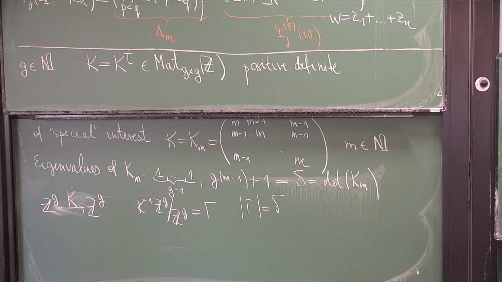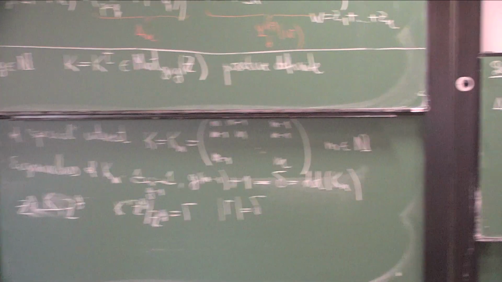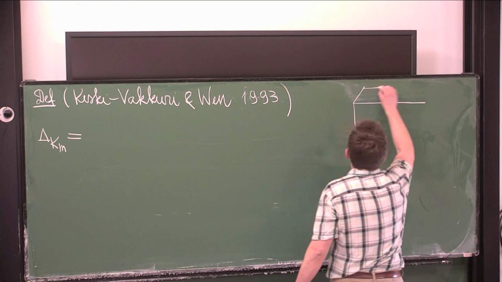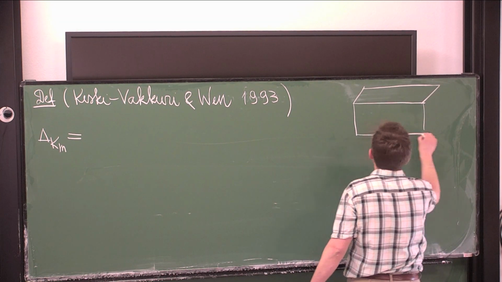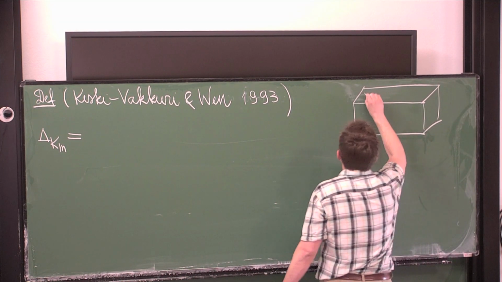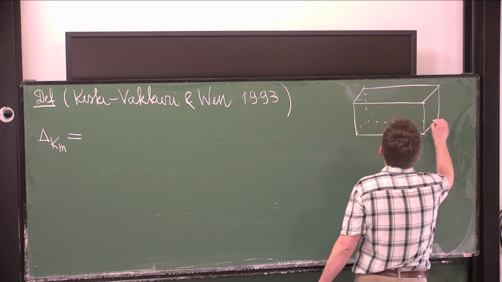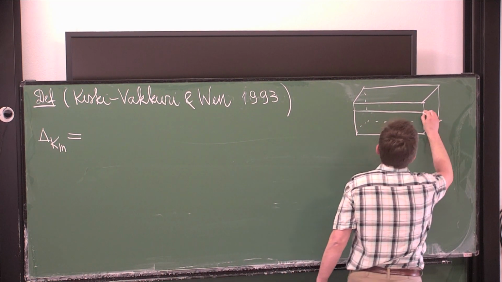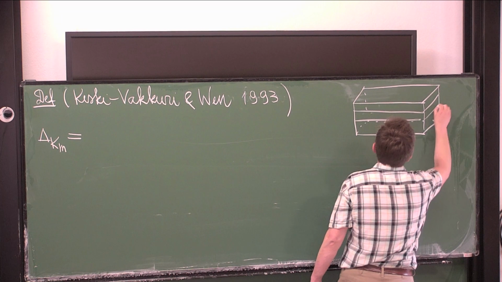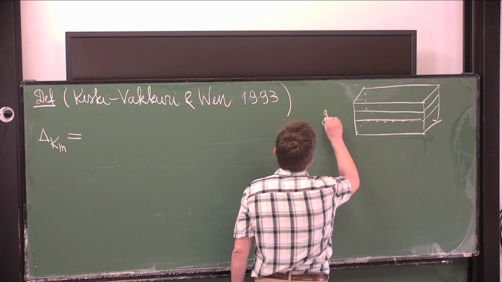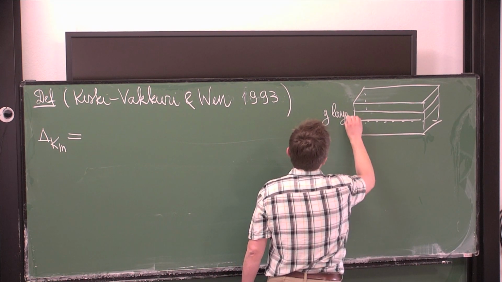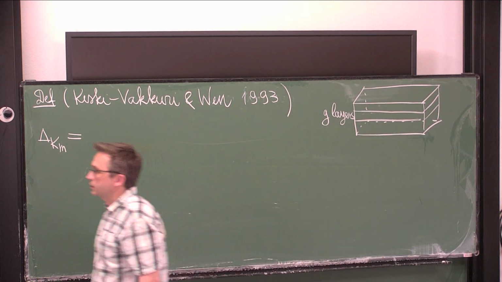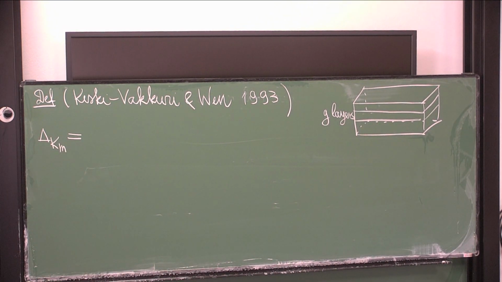Maybe I have to say that we are now talking about a multi-layer model of our particle systems, and we have g layers. So g is this parameter.